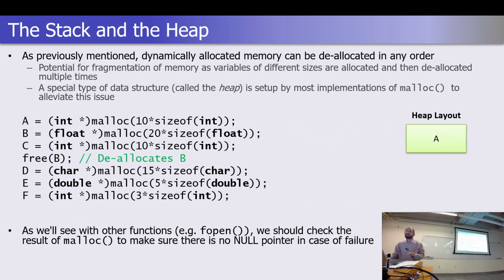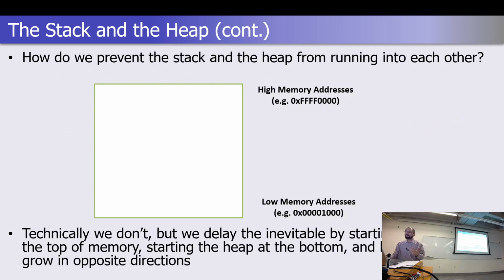Give me the next available region of memory to place what I need to allocate. If I free it, then that opens up more memory region for somebody else to later be allocated. We have both these things and they operate on totally different principles. And so sometimes an immediately obvious question is how do we prevent things that get dynamically allocated from colliding with things that get statically allocated?